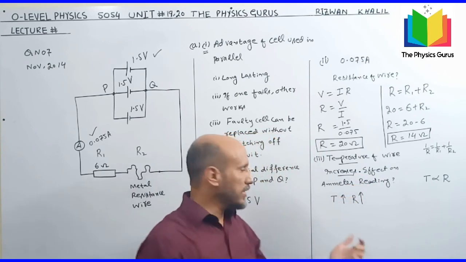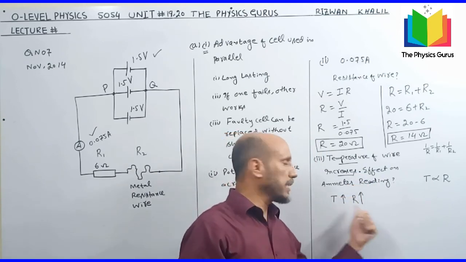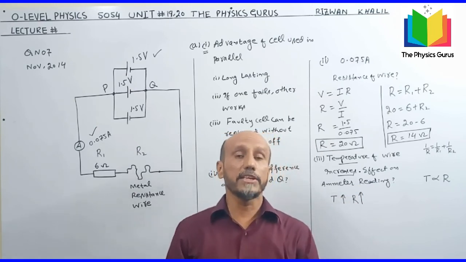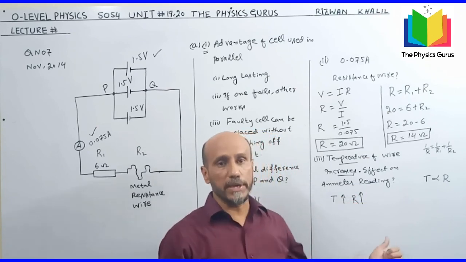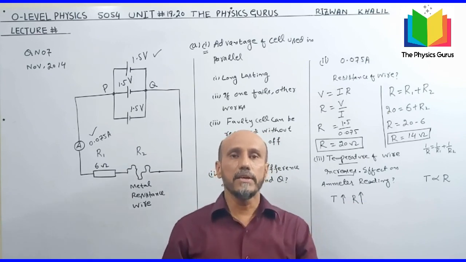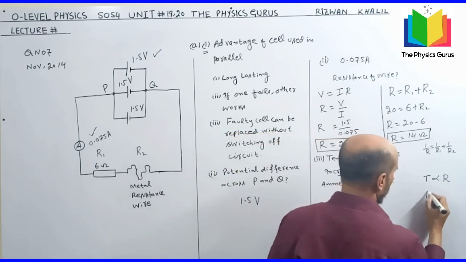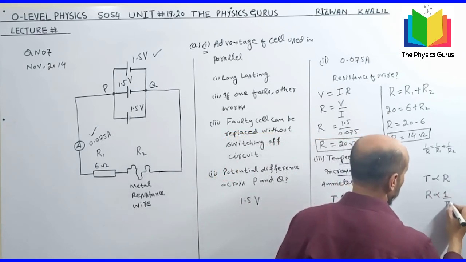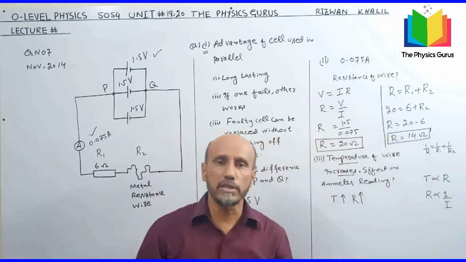Since there was less space, I have mentioned it like this by using arrows. When temperature increases, resistance increases, but in an exam, paper or assignment, you are not supposed to use these arrows. You have to write down the sentence: when temperature increases, the resistance of the circuit increases. And what was the relation between resistance and current of the circuit? Both were inversely proportional to each other.